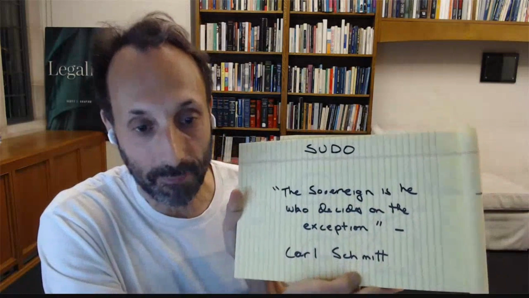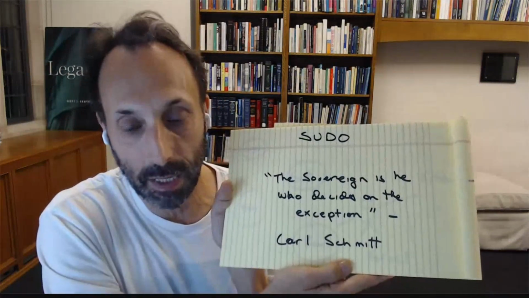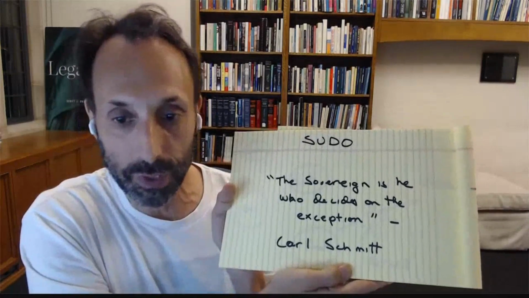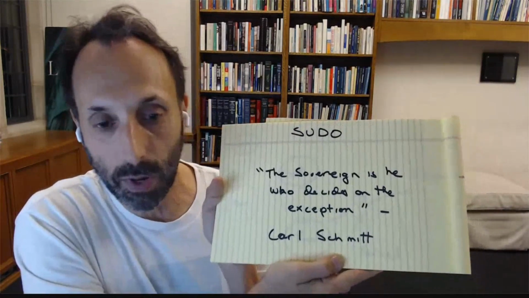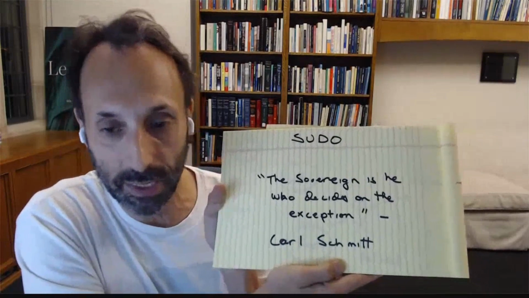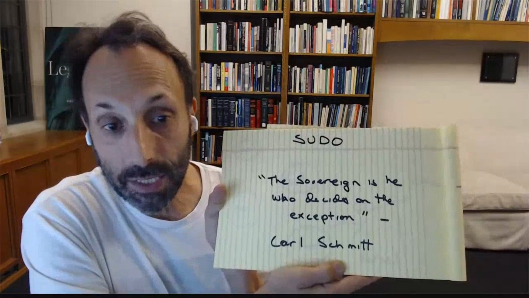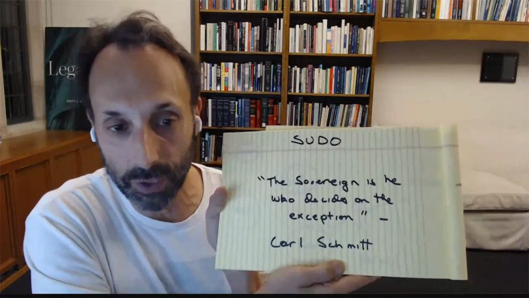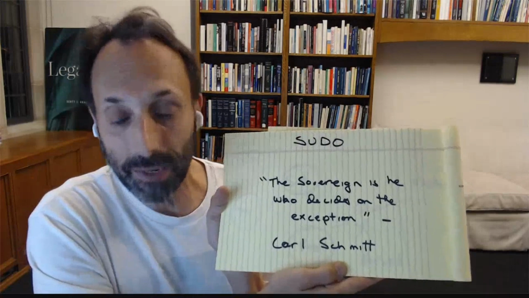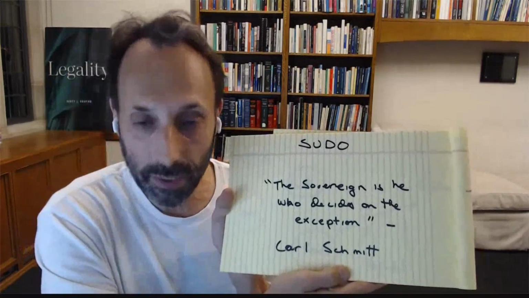Sudo, as we've been emphasizing, is when you step into the root shoes temporarily. And that's why Carl Schmitt was right when he said the sovereign is he who decides on the exception, meaning as the user, if you have sudo privileges, you are limited in what you're allowed to do. But if you invoke sudo, you all of a sudden become the sovereign.